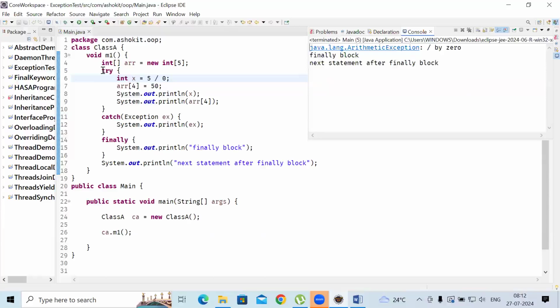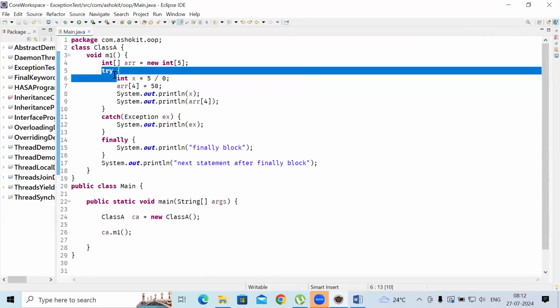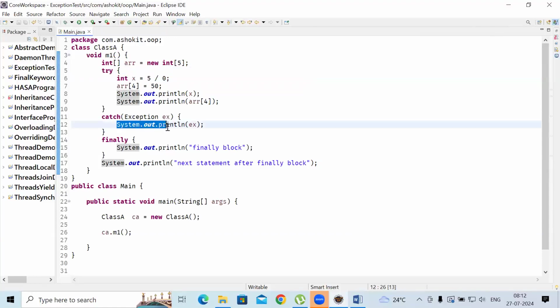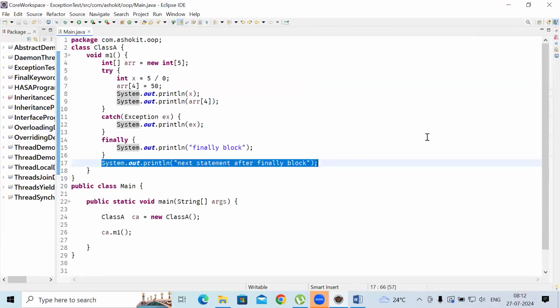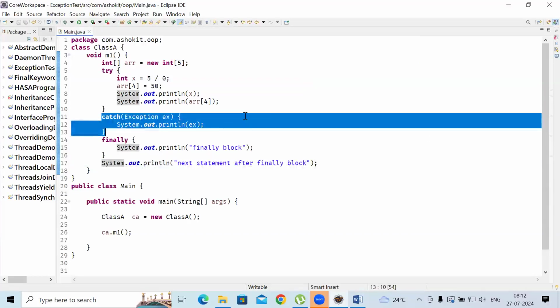If you write a catch block to handle the exception of the try block, the catch block will handle the exception. After that, control goes to the finally block, and then automatically jumps to the next statement after the finally block. But if you don't write a catch block here, the next statement will not execute. That's the difference.